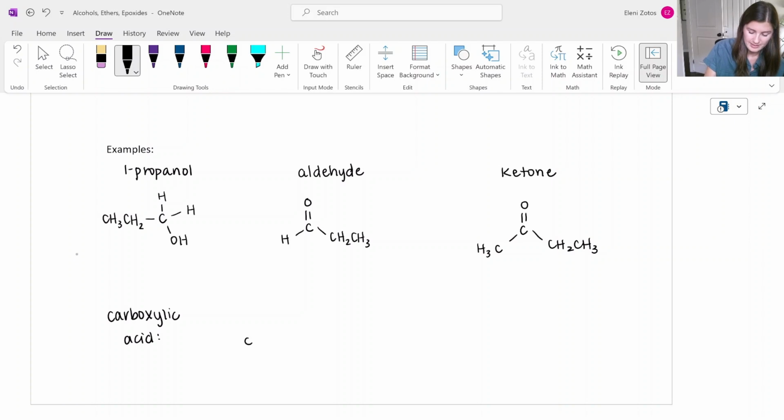Carboxylic acid, we have a carbonyl bonded to an OH group and then a carbon chain. Okay. I encourage you to pause the video and try calculating the oxidation states of the carbons bonded to oxygen for each molecule. I will go through them now.